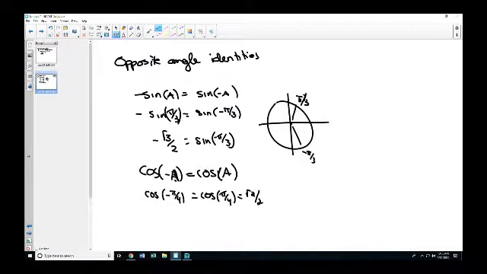Something you've probably never heard before. Cosine is an even function, and it's defined very much by this. An even function takes the opposite of a value, and the output is the same as the positive version of that value.